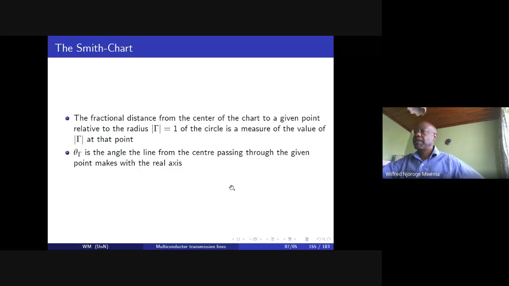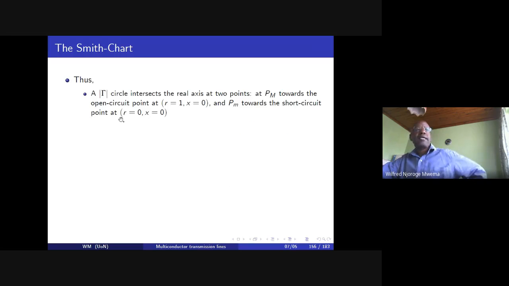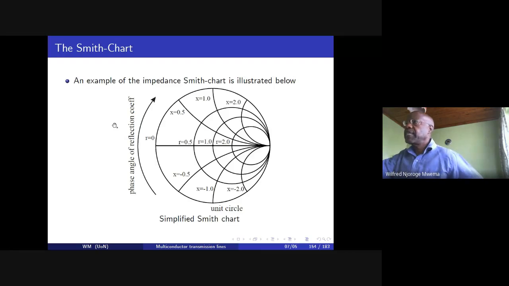And remember, a gamma circle has a center of 0, 0, that is the matched point, the center of the chart. So the gamma circles, as reflection coefficient circles, will be drawn with this center, and therefore they are all concentric, with the largest one being the unit circle. If we draw them around here, we'll just be getting the values of the gamma circles.